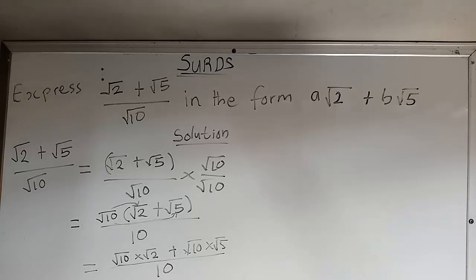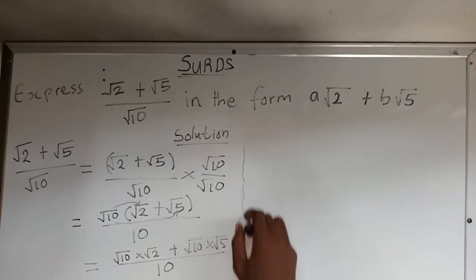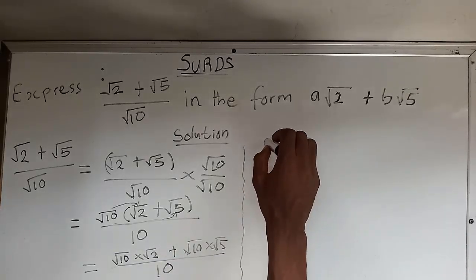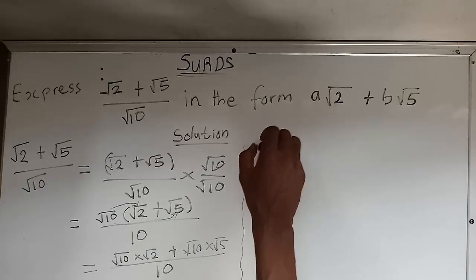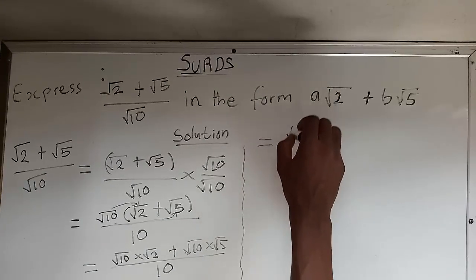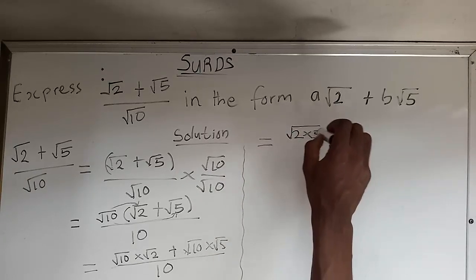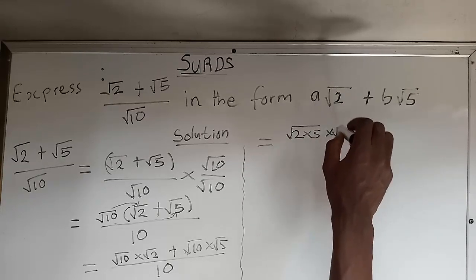So the next thing we have to do now is to simplify this. But before that, let's see what will happen. In root 10, there's a root 2. So we want to aim at root A. There's also root 5 in root 10. So let's split this root 10 to something like this. Root of 2 times 5, then times root 2.